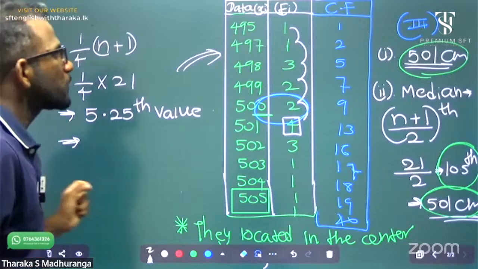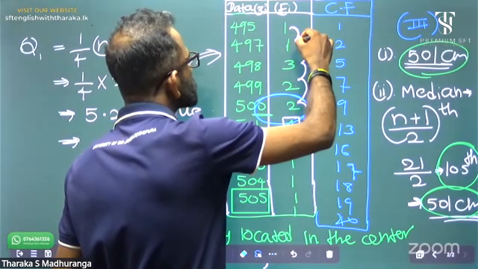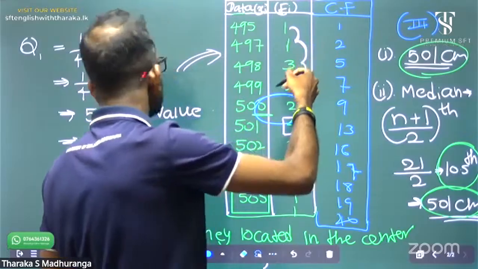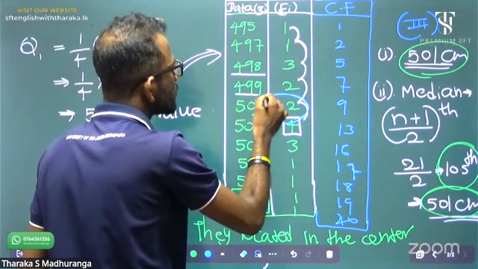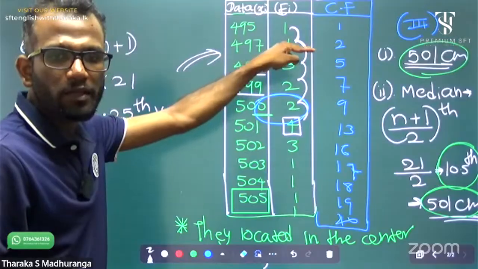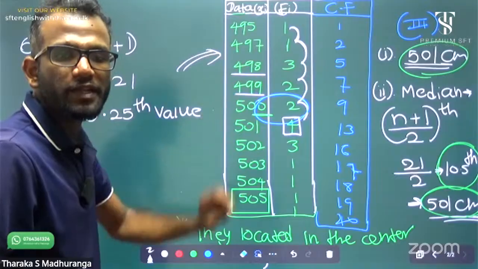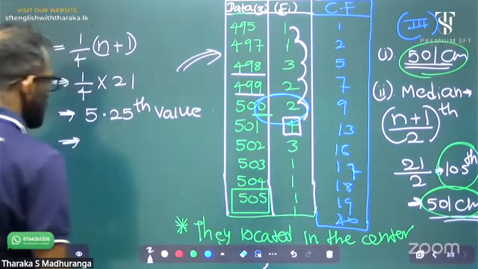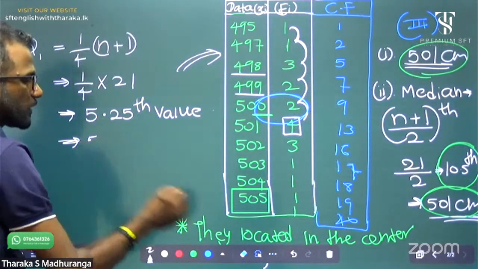How to get the 5.25th value? 1, 2, 3, 4, 5. This is the fifth value, and this is the sixth value. 498 is the fifth value. 499 occurs 2 times, therefore 499 is the sixth value. Now, what is the method? First take the fifth value, 498.